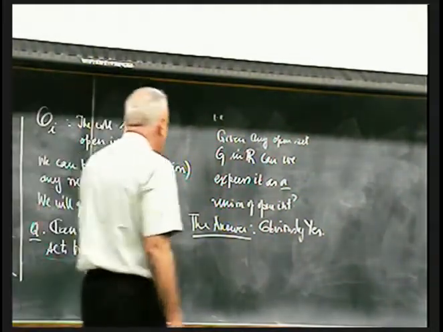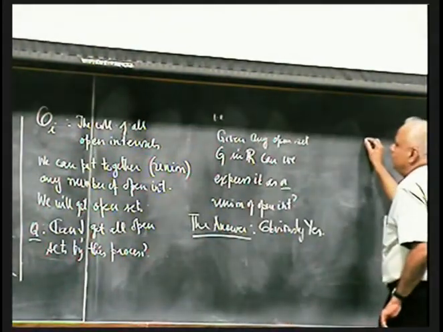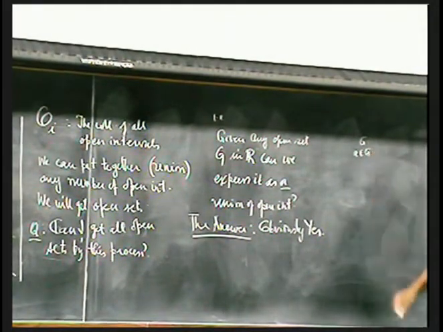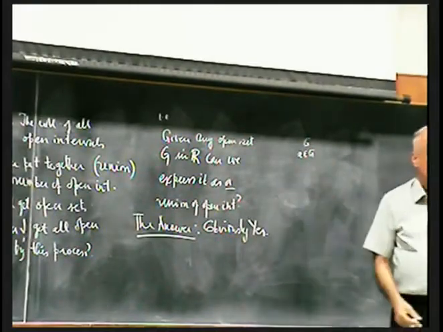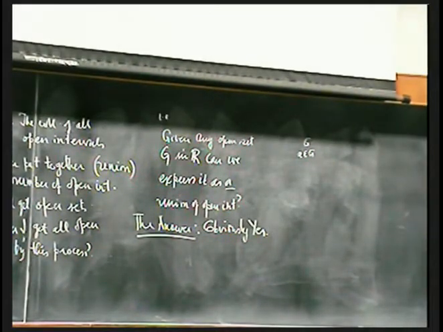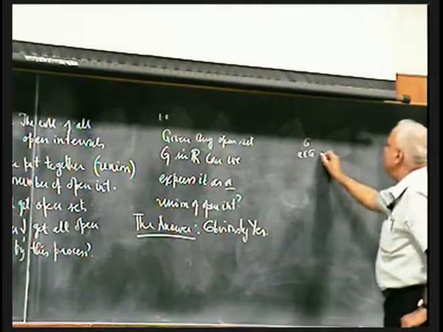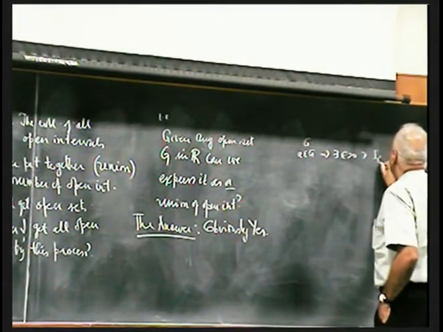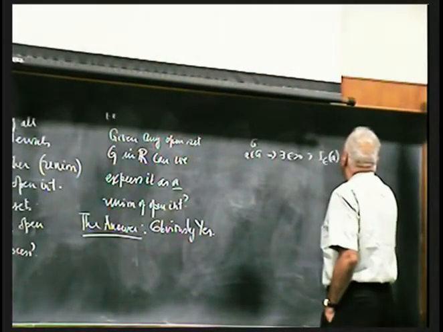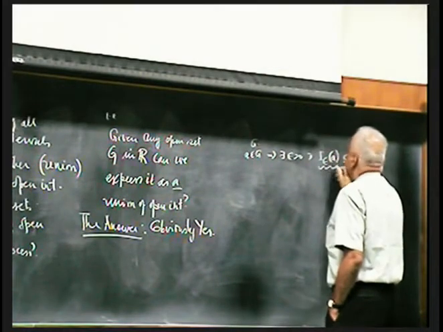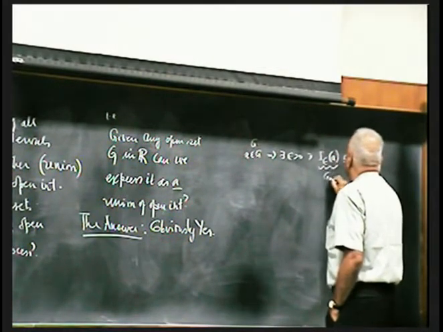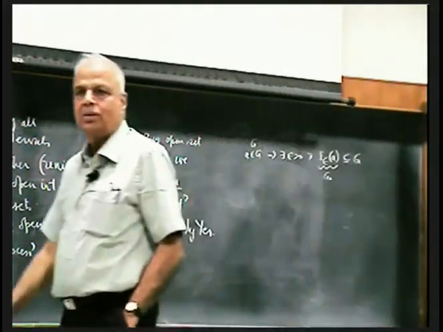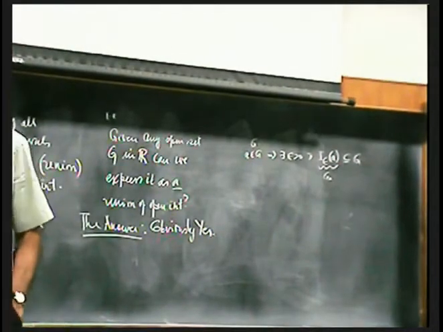So what it means is the following. Why is that true? G is given. Take any point a in G. Because G is an open set, there must be a neighborhood of a which is in G, which implies there exists epsilon positive such that I_epsilon(a) belongs to G. Let us call this set G_a, which completely belongs to G, and a is inside G_a.